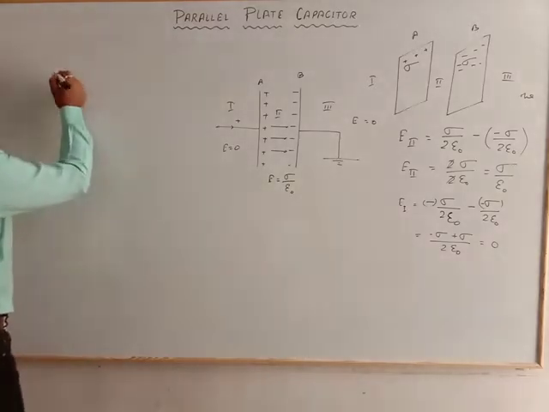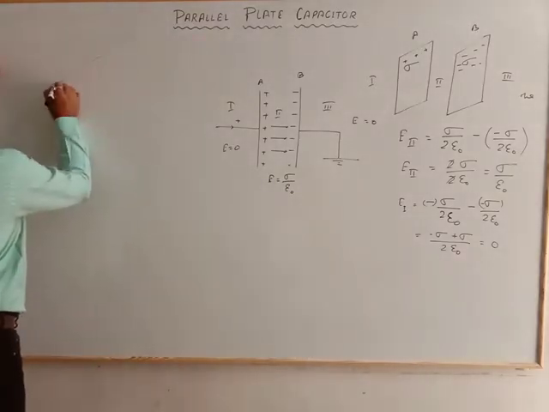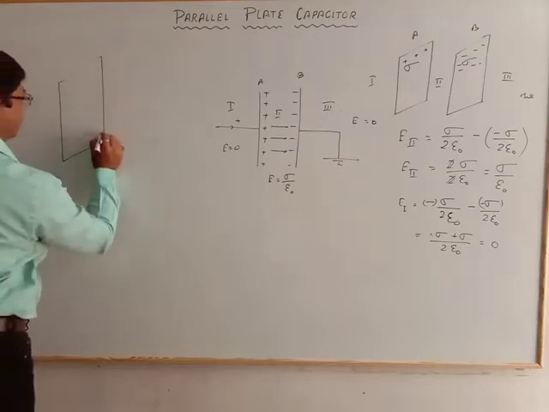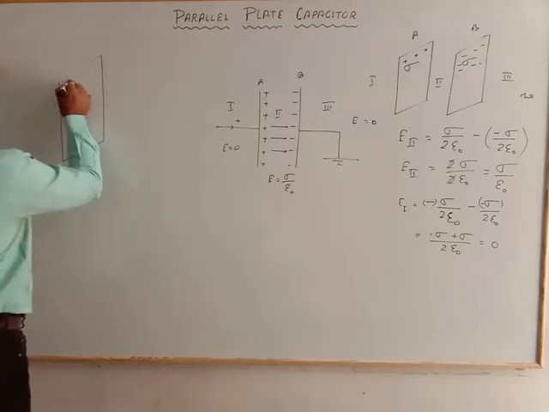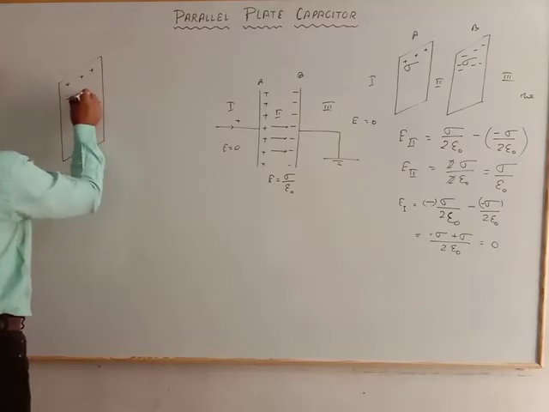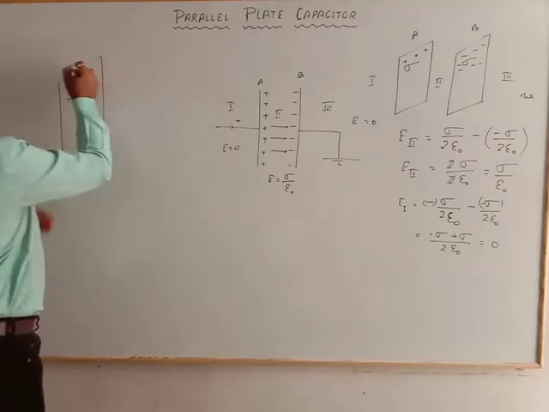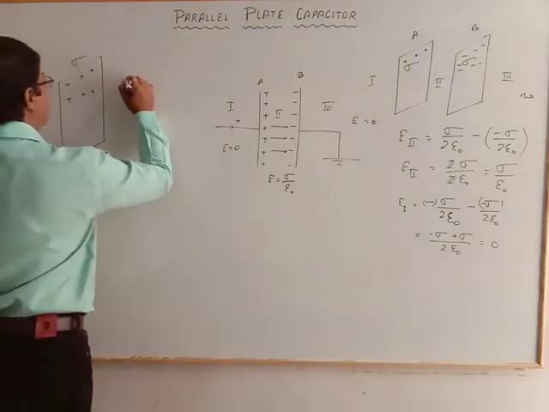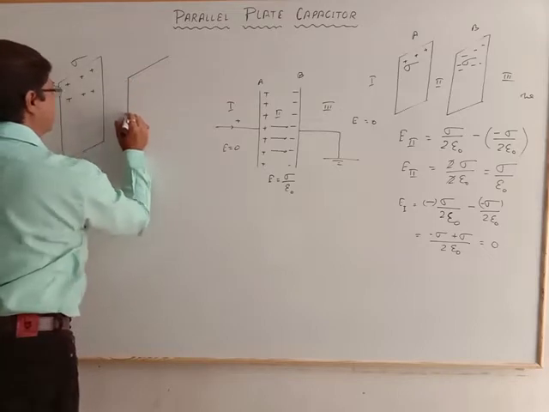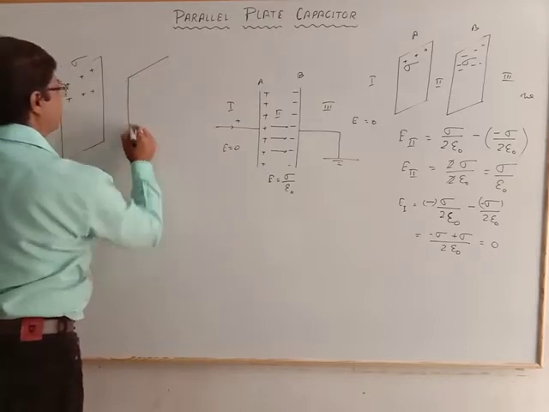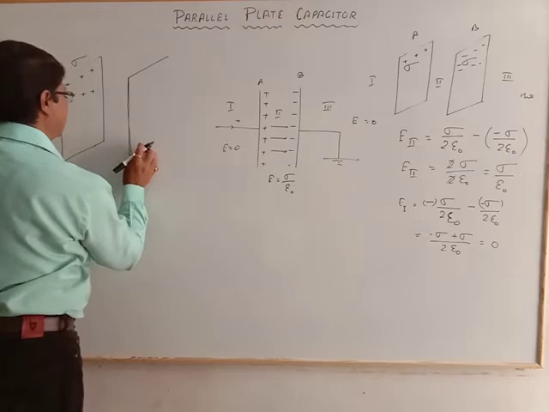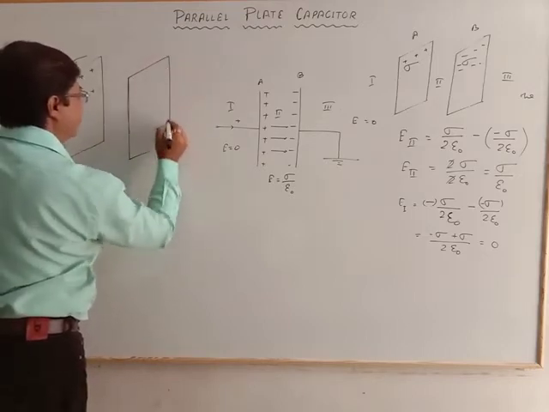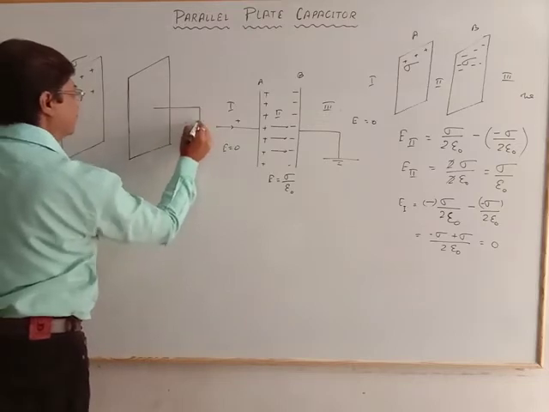If we consider the plate like this, and this plate is the positive plate of surface charge density sigma, and another plate, the supporting plate, which is negative, and that is earthed.